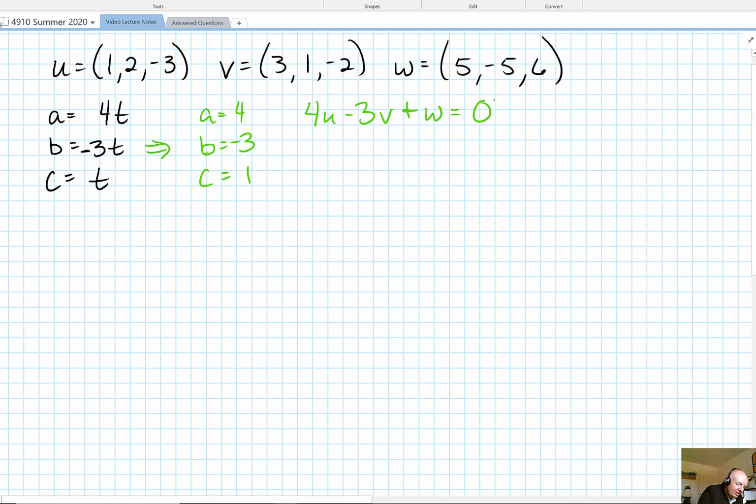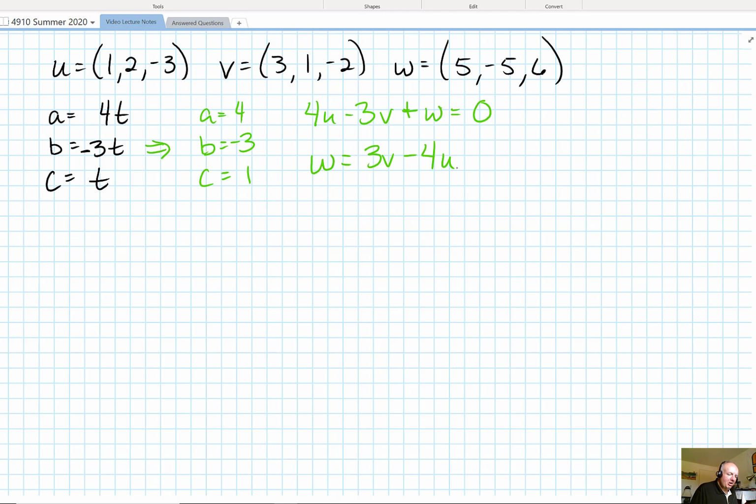So here's what we then did. Solving for w, we get w equals 3v minus 4u. We can build w using 3 v's and minus 4 u's. The official language that we're going to be using is we say that we have written w as a linear combination of u and v.